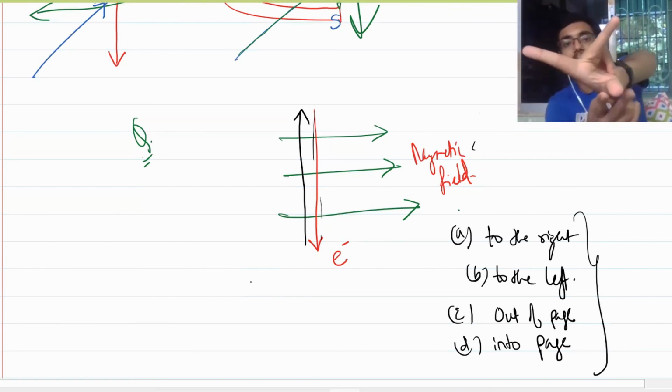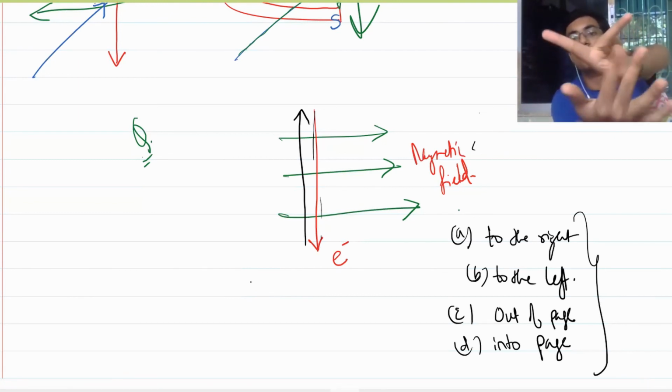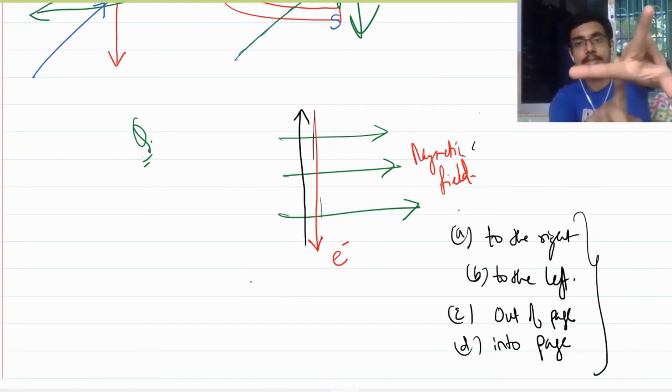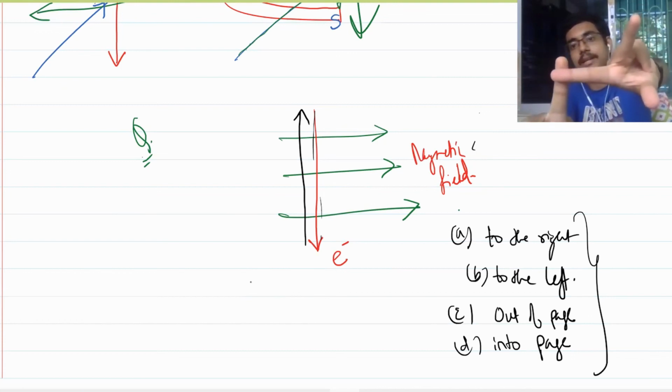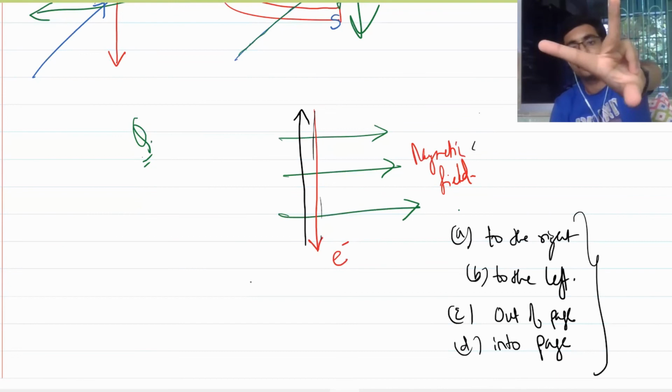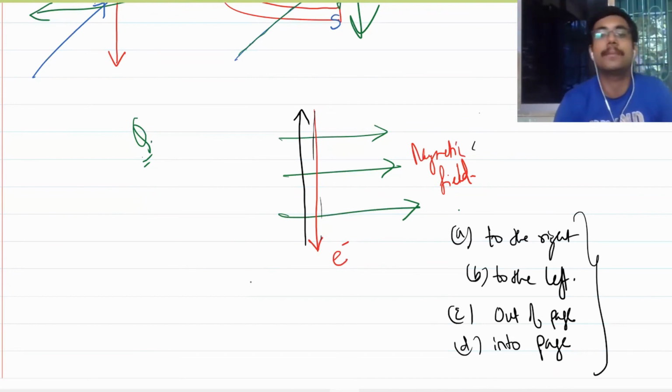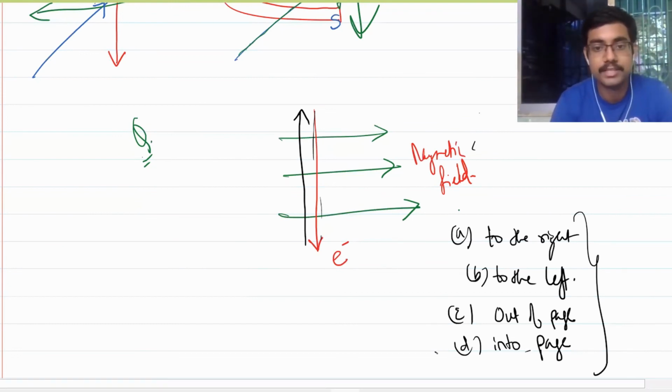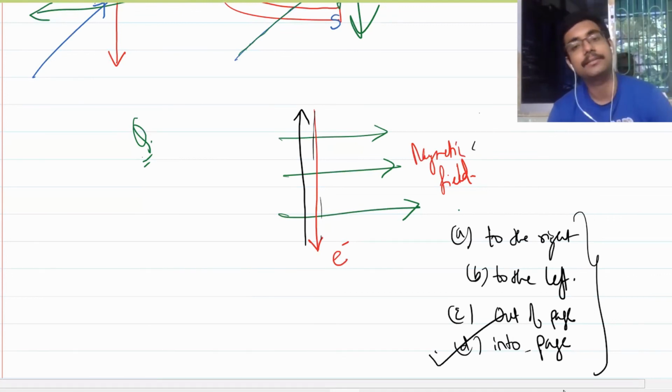So can you see that the thumb is into the paper, into the page? Do you understand? This is the direction of magnetic field and this is the direction of current. Thumb is pointing into the page. So into the page is the correct answer. Clear?